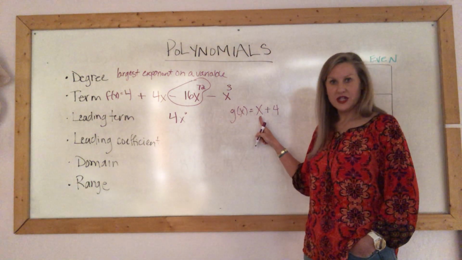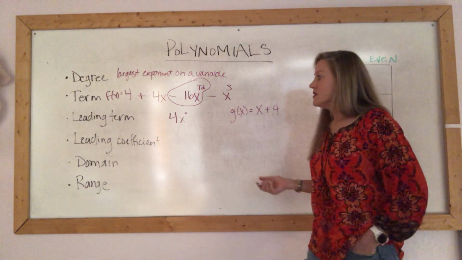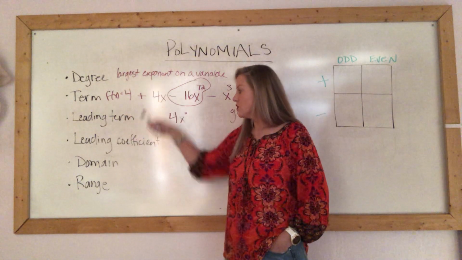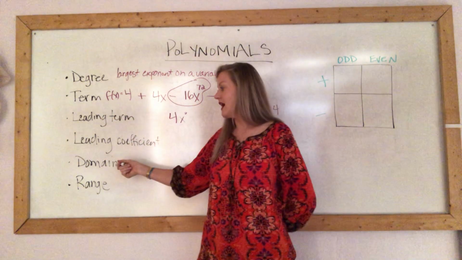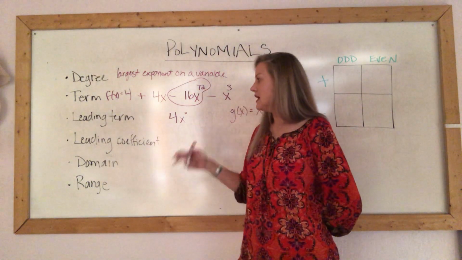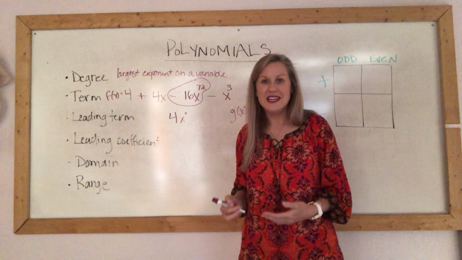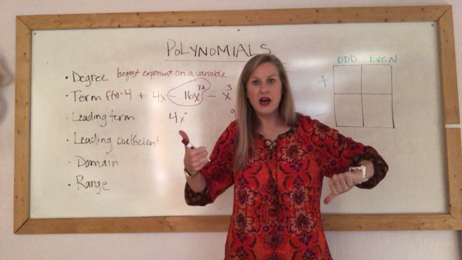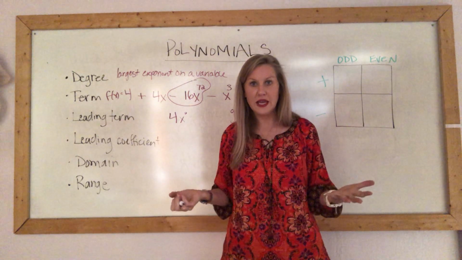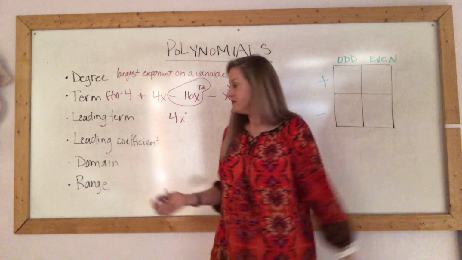This guy's coefficient would be positive 1. So we care about the leading term, the degree, the leading coefficient. They all go together. And then we're going to have a discussion about the domain, the range, and then something called the end behavior. We're very concerned about what the ends of a polynomial are doing as it goes right forever and left forever.